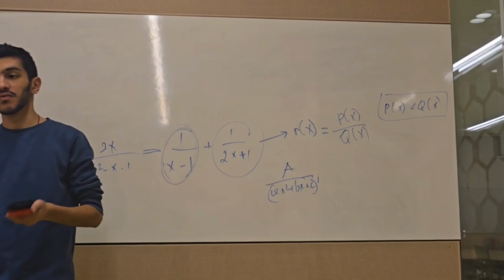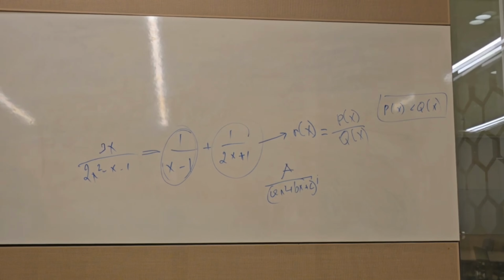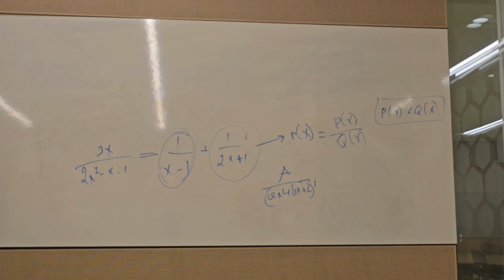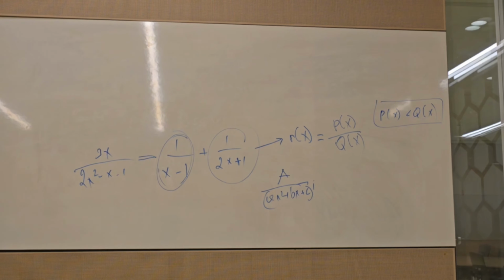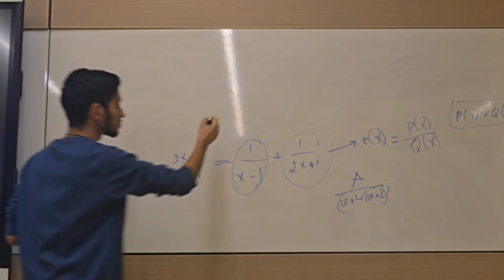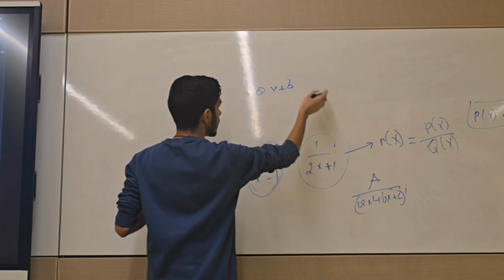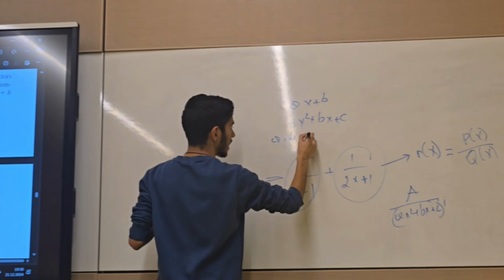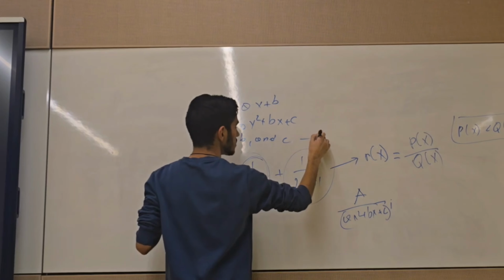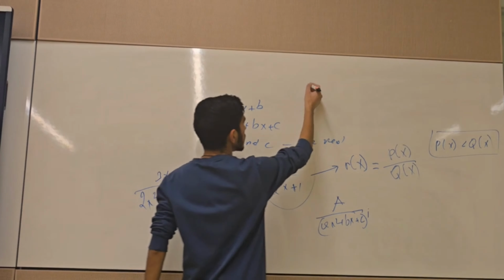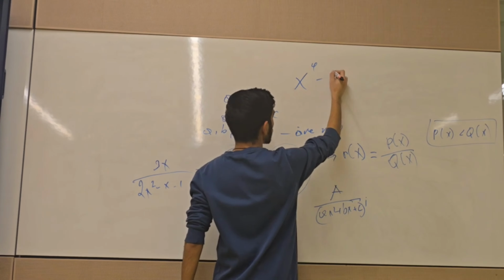As you see, we can conclude that every polynomial with real coefficients can be factored completely into linear and irreducible quadratic factors. That is, factors of the form ax plus b and ax squared plus bx plus c, where b and c are real. For example, assume x to the power of 4 minus 1.